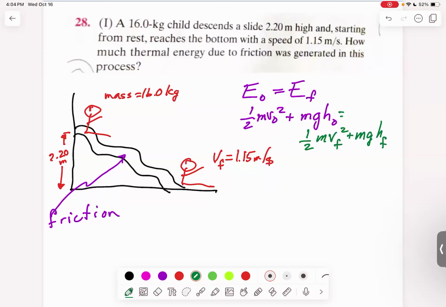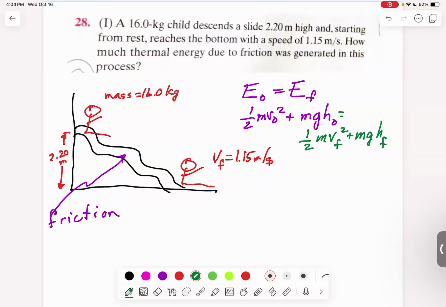But this time we have to factor in the fact that friction was involved here. And how friction gets factored in is by way of determining its force times the displacement amount.